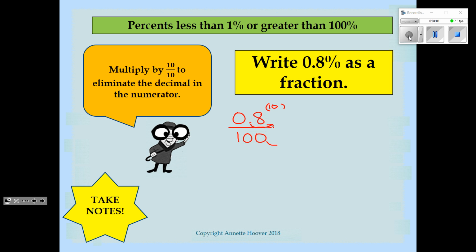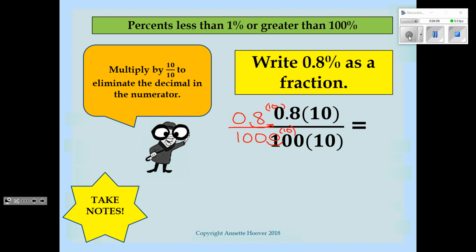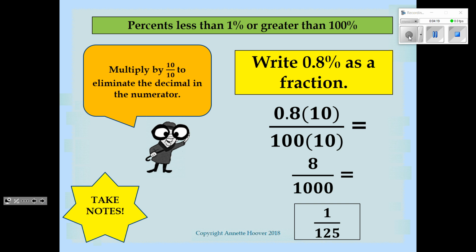And we move the decimal over here one place by adding a 0. That's the same thing as multiplying times 10. You would now have 8 over 1,000. So we got rid of the decimal. Multiplying both by 10 or moving the decimal over once would give us 8 over 1,000. Both of those numbers are divisible by 8, and that would be 1 over 125.